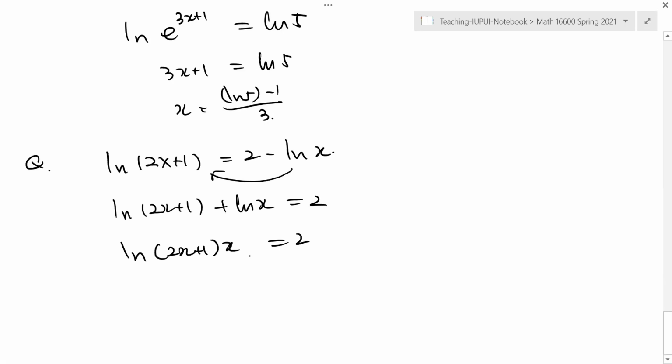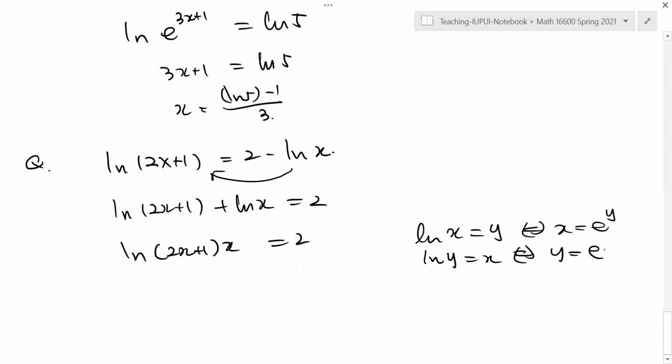So natural log of x equals y, right? This is the same as x equals e to the y. Do you agree? Or natural log of y equals x, and then y equals e to the x, the same. So 2x plus 1 times x equals e squared.